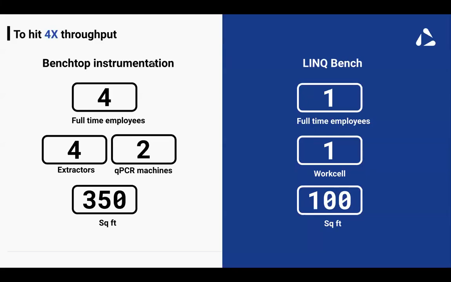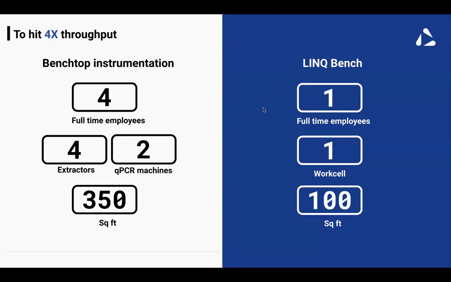So to hit the 4 times throughput that we were able to achieve, they would have had to have 4 full-time employees using benchtop extractors. And then they would have had to have 4 benchtop extractors. They would have had to get more qPCR machines, so at least 2 in total. And then all of this would come to about 350 square foot of laboratory space.